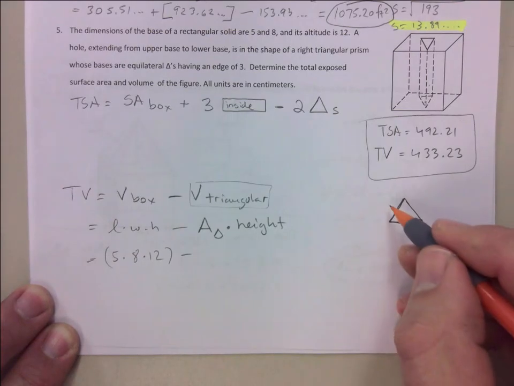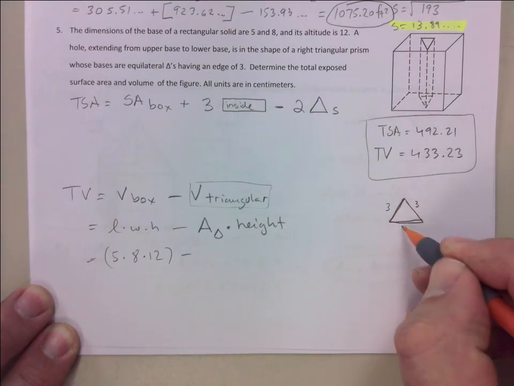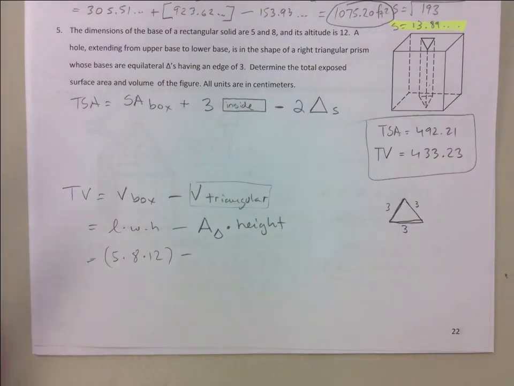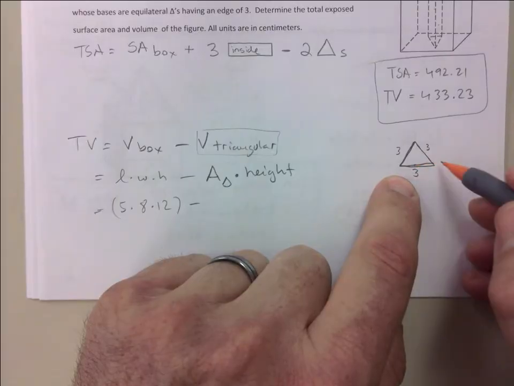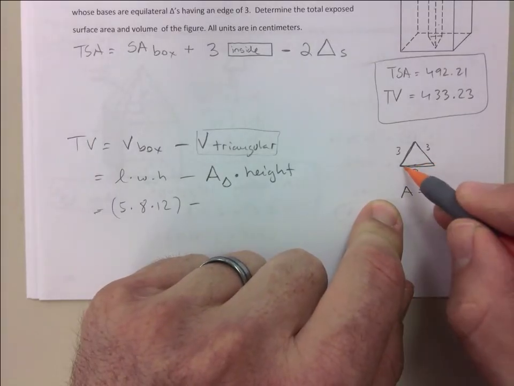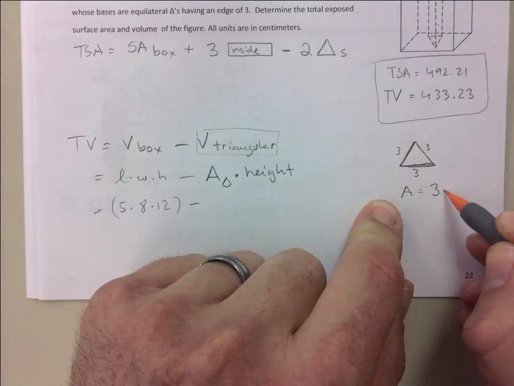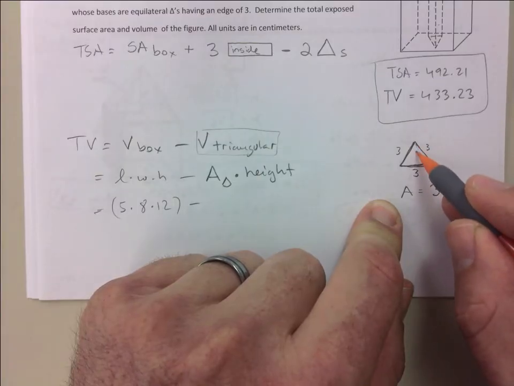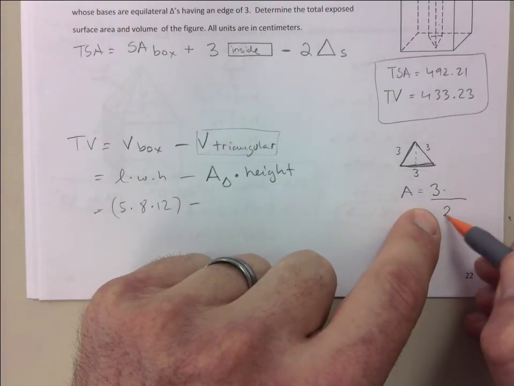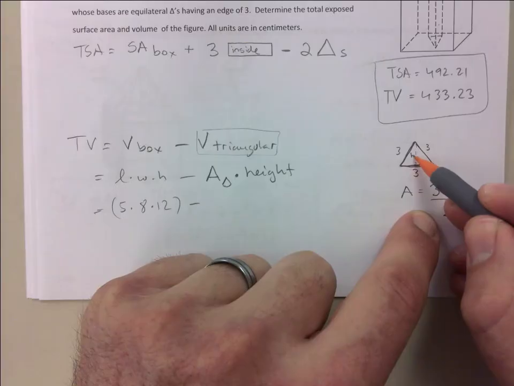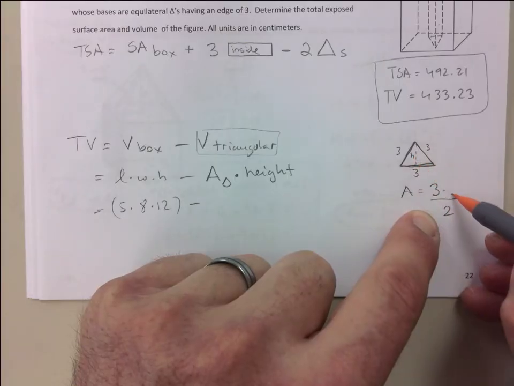It says that it's an equilateral triangle, so it's 3 all around. So the area of this would be base times height divided by 2, and we need to know this height. The problem is we don't have this small height for this one triangle.